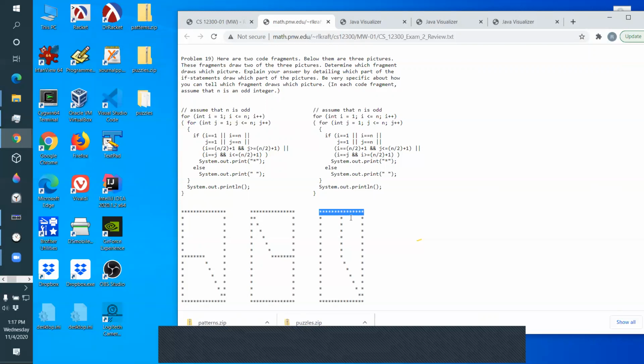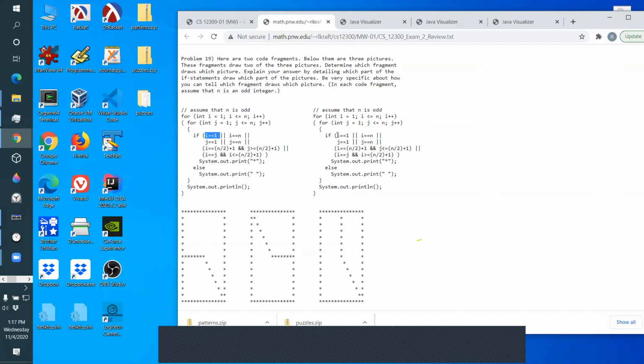I. What value of I is the first row? 1. That's this guy right here. Notice these are ors. So if I is 1, you've hit a star condition. That gives you that top row.